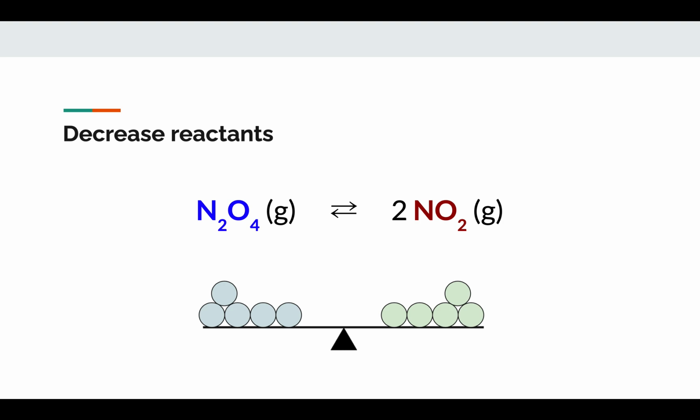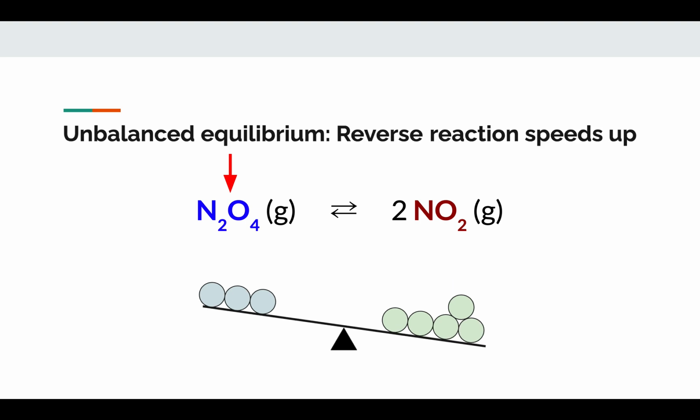What about a decrease in reactants? Well, if we decrease the number of particles, then we need to rebalance that. To rebalance that, I need to move particles from the right, which is the products, onto the left, and we say that's a shift to the reactants or a shift to the left.